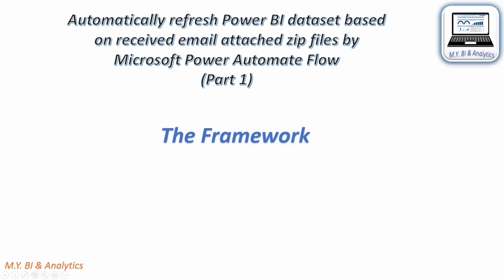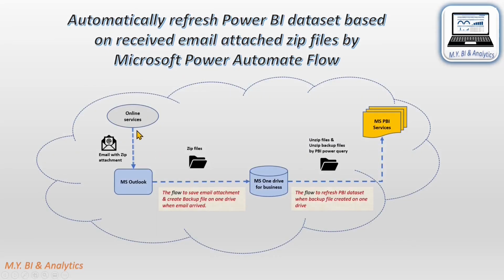Okay, let me first brief you on the flow framework of my automation. First, an email with a zip file attachment arrives in my Outlook inbox. Then my first flow is triggered to save the zip attachment to OneDrive and also back up the zip file in a OneDrive backup folder.